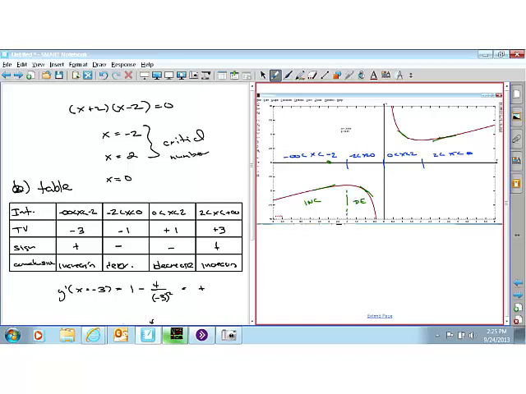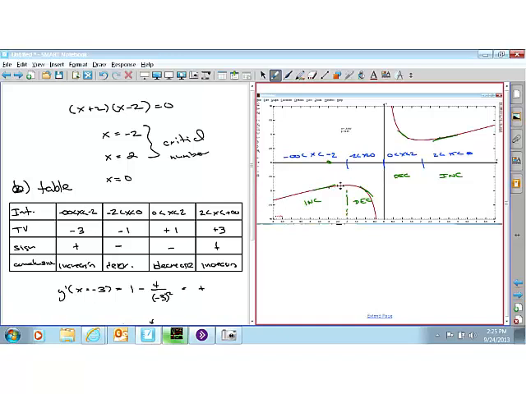Then we decrease until we get to 0, and then it changes over, but it's also still negative slope. So this is decreasing. And then after x equals positive 2, it changes, and we have a positive slope, so it's increasing. So from left to right we're getting bigger, more positive.